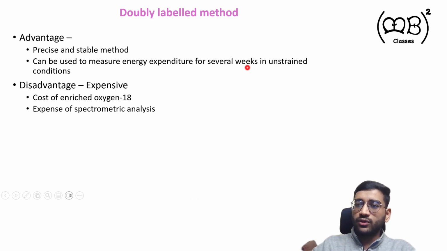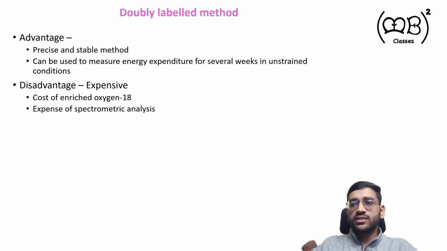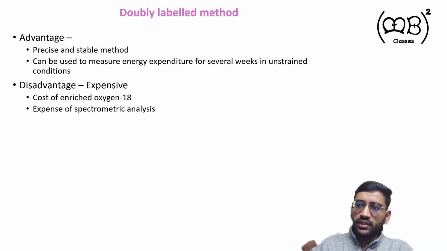Direct calorimetry could also be done for a long period of time, but for that, the individual has to stay in that chamber. Also, with other methods of indirect calorimetry like the spirometer, the individual has to stay close to a spirometer, which is a very bulky instrument. So the activity levels are very restricted. But in the doubly labeled method, the energy expenditure can be measured for several weeks in unrestrained individuals.